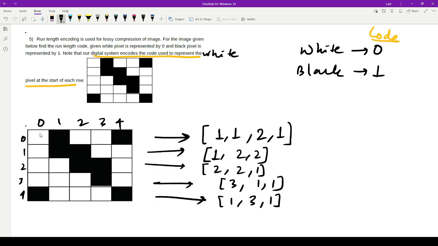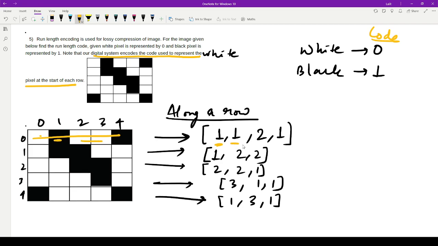Okay. So what we are doing is we are just seeing how many blacks and whites are there along a row. Along a row, we are just trying to compute how many blacks and whites are there. So along a row like this, if you go in this specific direction, then you see that there is one white, we wrote one. There is one black, we wrote one.